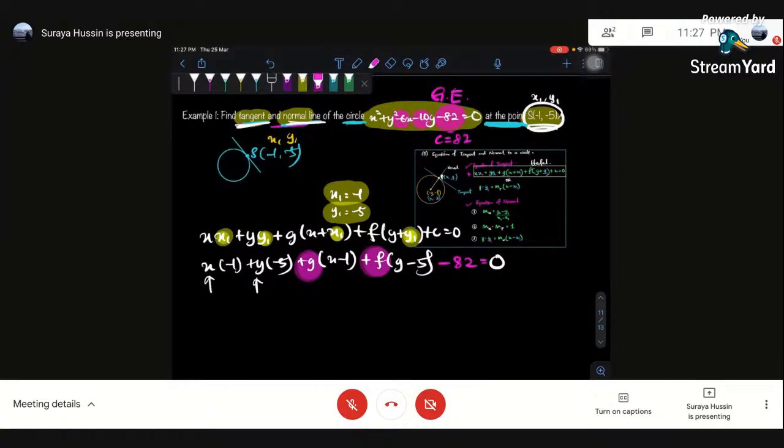Do you remember dalam GE general equation kita boleh cari our 2gx is equals to negative 6x. So our g is actually equals to negative 3. So masukkan sini negative 3. Dan f kita pula, f equals to negative 10. So f adalah negative 5.